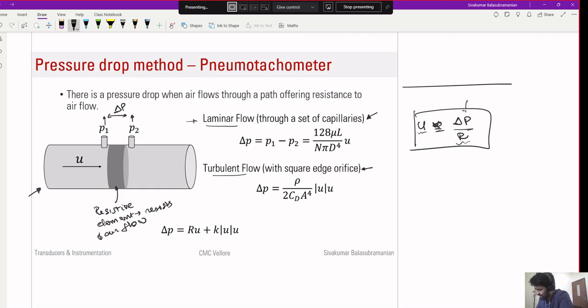If we can assume that the airflow is laminar, then there is a nice linear relationship between your airflow rate and your drop in pressure, which is related to the length of the resistive element, the diameter.